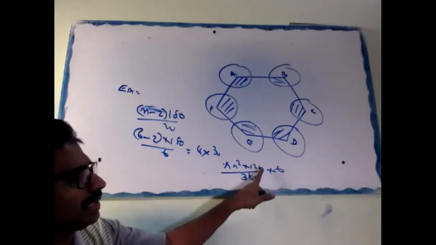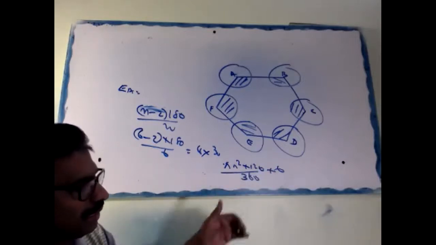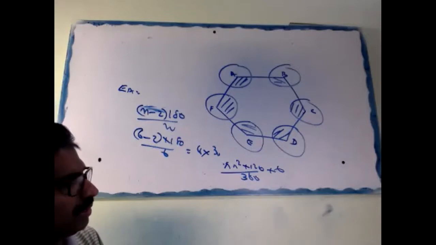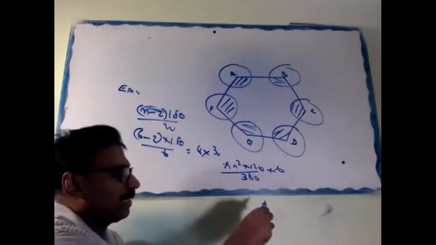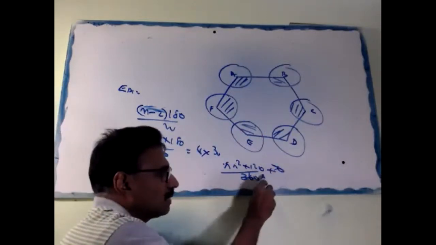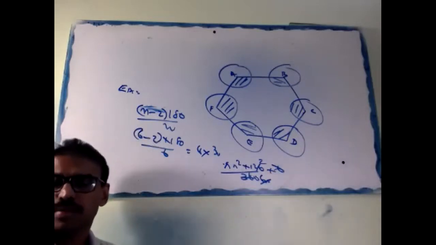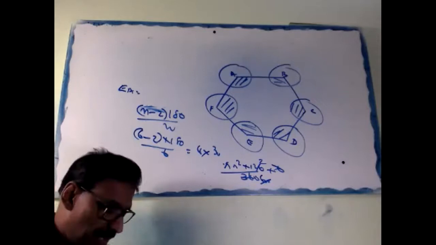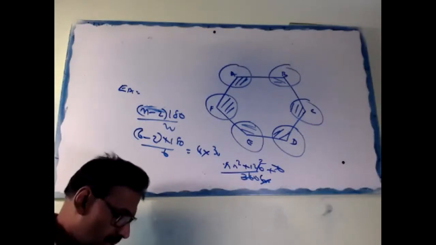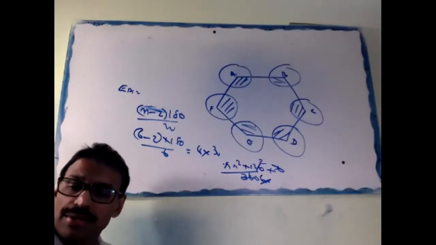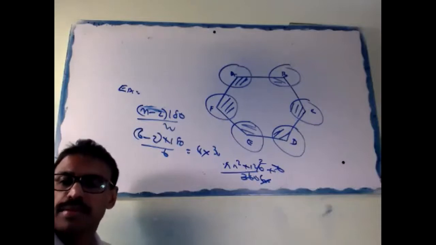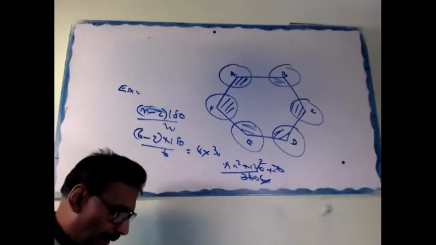Pi r square, 120 divided by 360, into 6 sectors. So here 6 cancels 6, cancel here 2. Answer what? 2 pi r square. 2 pi r square unit, not centimeter square, Lakshmi. Okay. 2 pi r square.